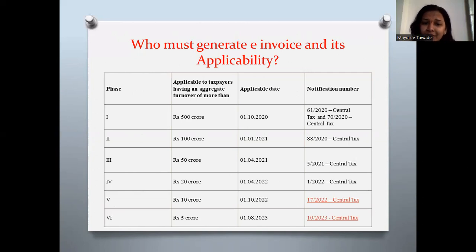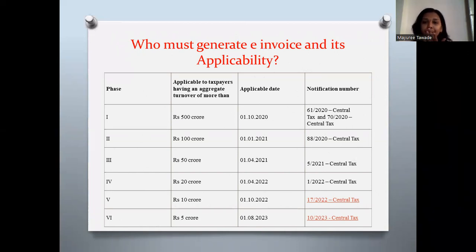Then 100 crores: those whose turnover is above 100 crores have to generate the e-invoice from 2021. Then 50 crores, 1/4/2021 notified, 20 crores, 2022, and 10 crores, 1/10/22, and 5 crores, the notification came up on 1/8/2023.